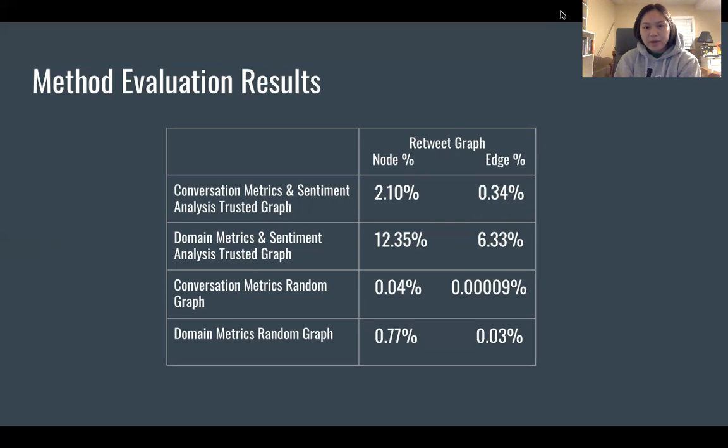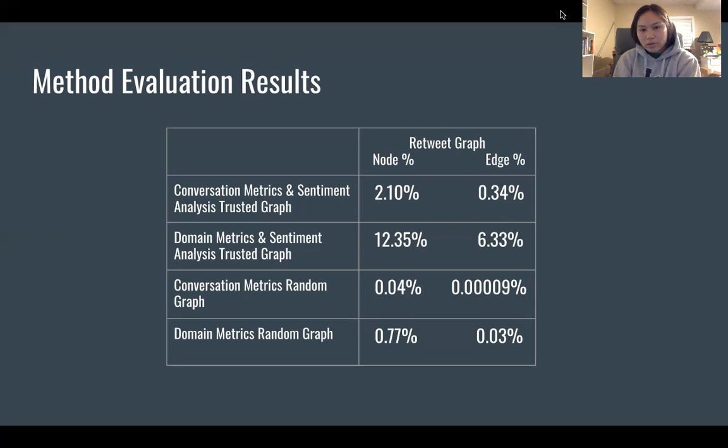Then comparing the two methods, the conversation metrics and sentiment analysis method with the domain metrics and sentiment analysis method, the domain trusted graph has a higher percentage of similarity, so it captures trust a bit better than the conversation trusted graph does.